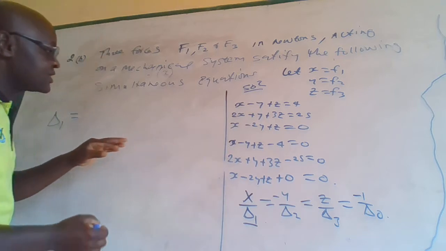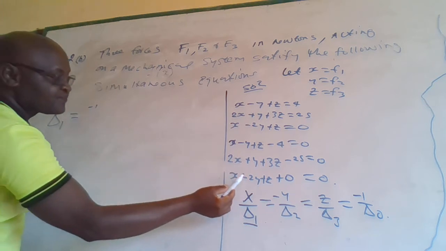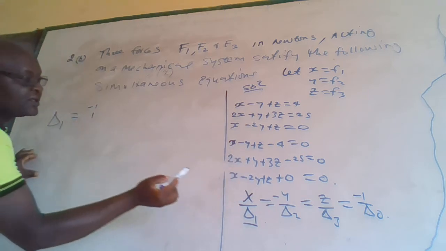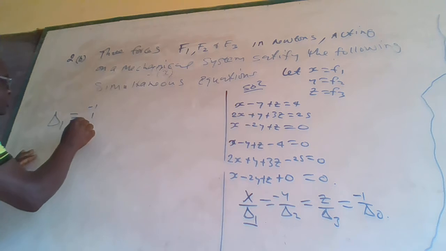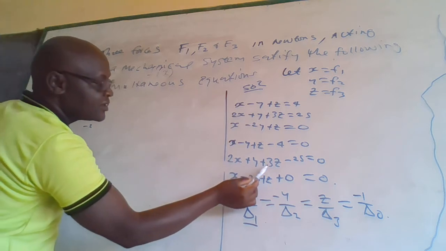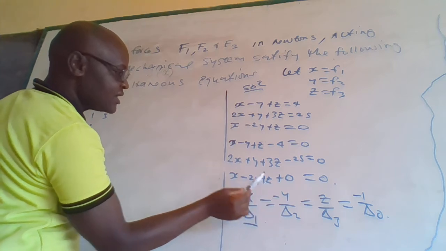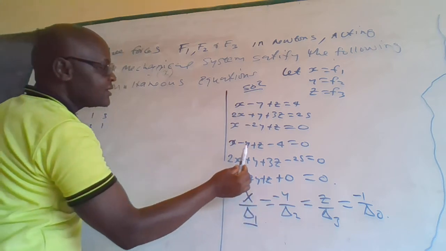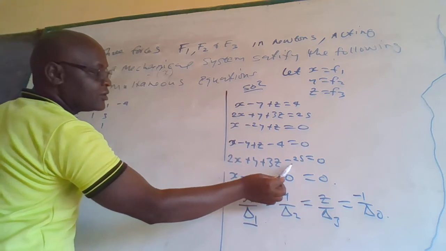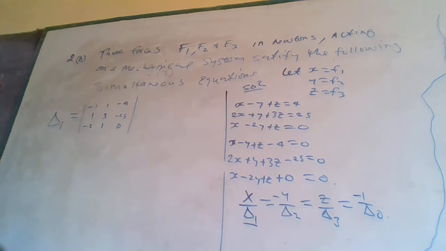Therefore, we have negative 1, negative 1, positive 1, then negative 2. Then for Z, the coefficient is 1, 3, and then 1. Then here we have negative 4, negative 25, and then 0.